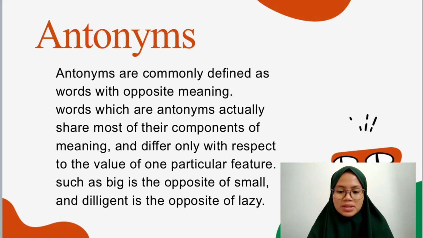Antonyms are commonly defined as words with opposite meaning. Words which are antonyms actually share most of their components of meaning and differ only with respect to the value of one particular feature, such as big is the opposite of small and diligent is the opposite of lazy.